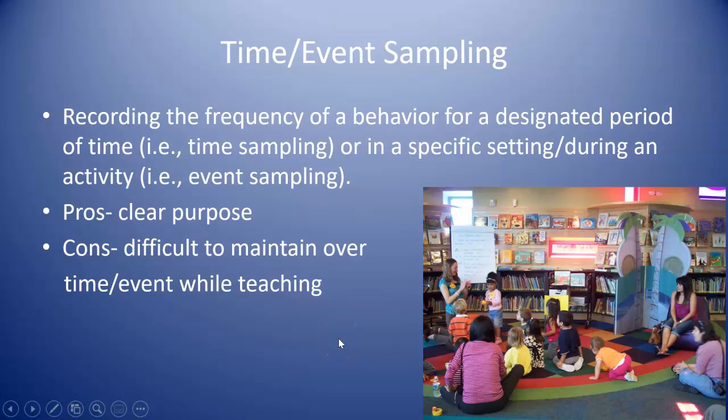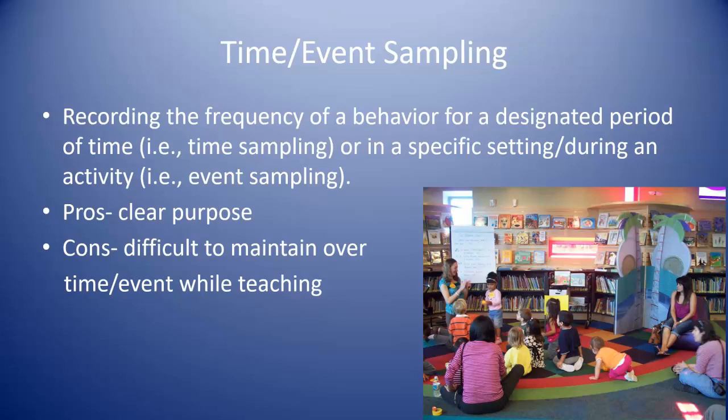Another type of observational assessment documentation is event or time sampling. When I think about event or time sampling, it's often aligned with behavior. So if you have a child who has some problem behavior, a lot of times you'll look at a specific activity or over a certain period of time, like 5 minutes, 10 minutes, and do a tally for each time a behavior happens.